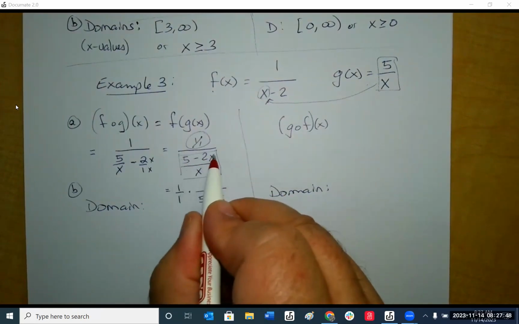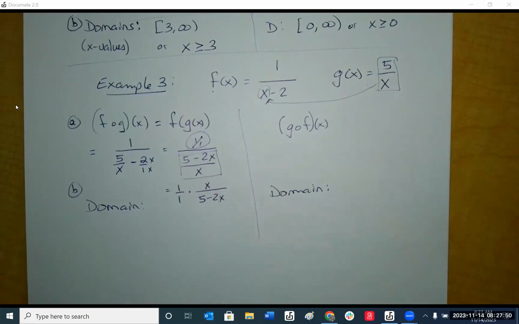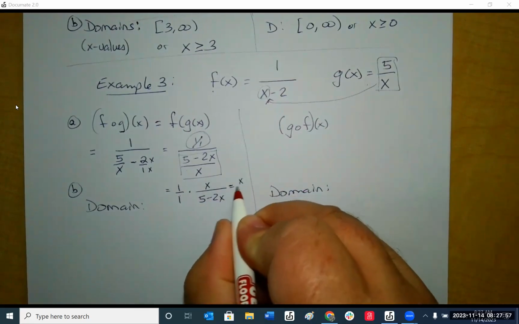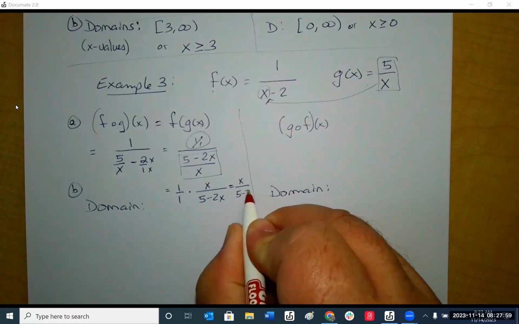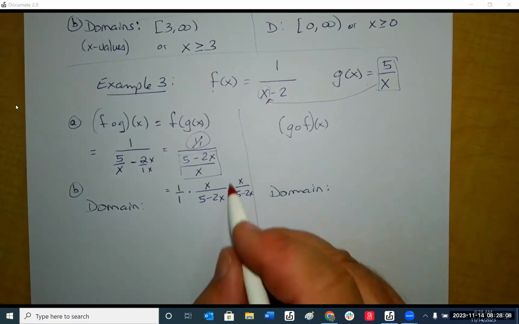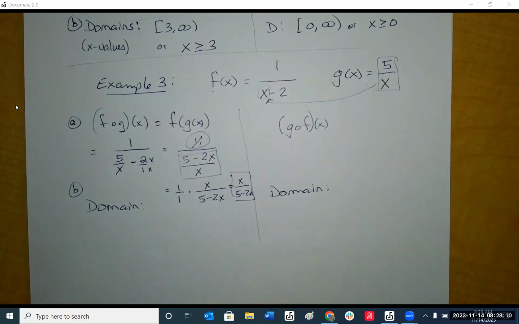Since this is 5 minus 2x over x, I flip it. When I multiply these together, so this is our function.